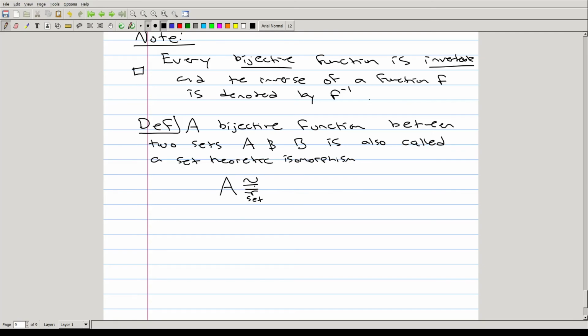Put A, the symbol right here, with the set underneath it, and then B. This means that there exists a function g from B into A, or A into B, such that g is a bijection.